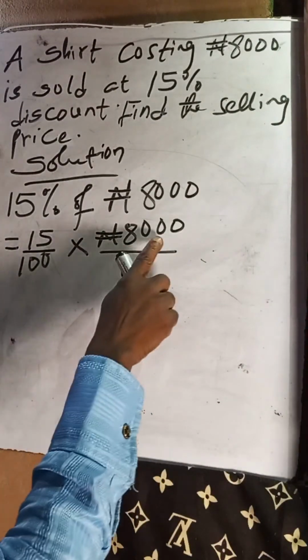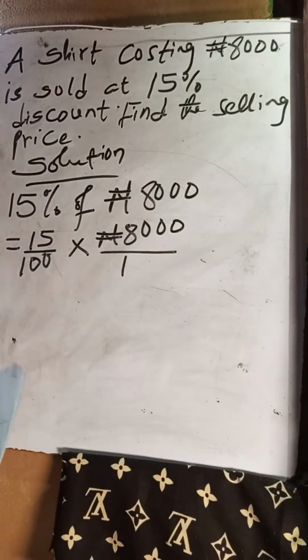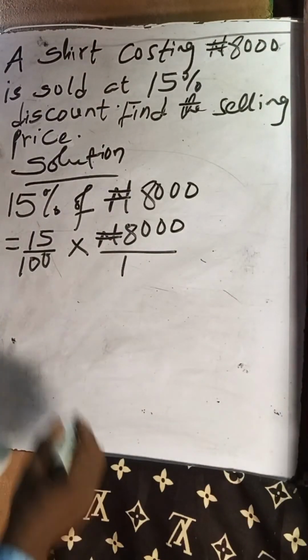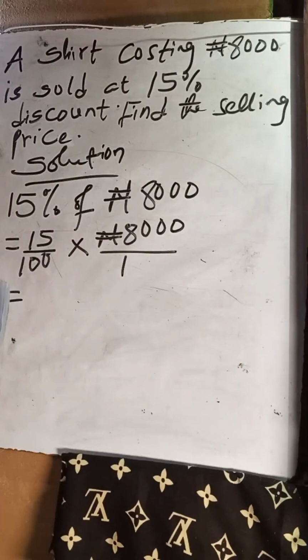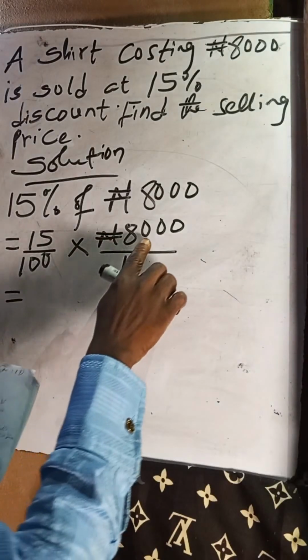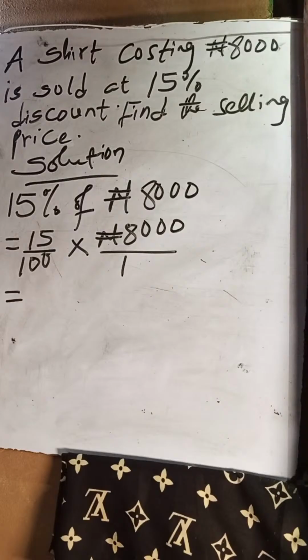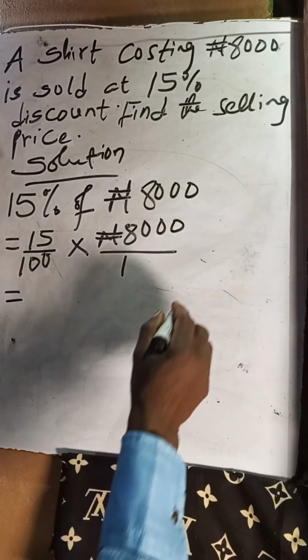So this is quite simple. Just use 2 zeros to cancel 2 zeros. If you do that, we're left with 80 times 15. What's 80 times 15?